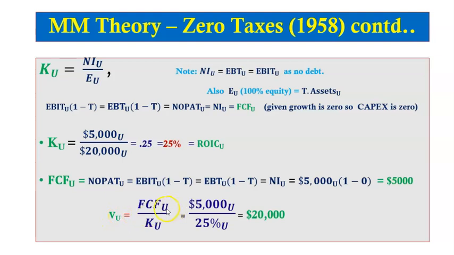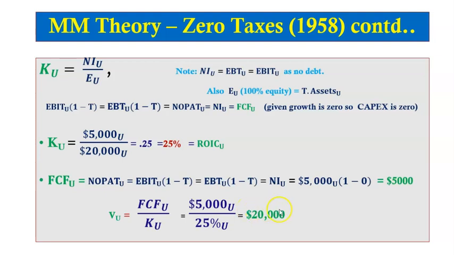Because there is no growth, we don't have any growth rate mentioned in the numerator or the denominator here. It's a perpetuity where we expect the company to earn each year a cash flow of $5,000 for the indefinite future. The result is we have $5,000 as the cash flow divided by 25% as the cost of unlevered equity, which is equal to $20,000 as the value of the unlevered firm.